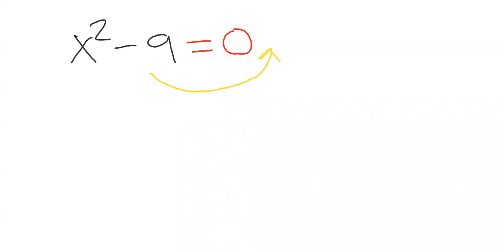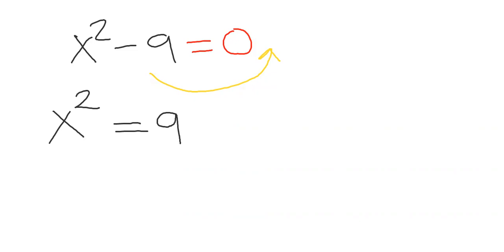And we know that mathematically, if you take a number to the other side of the equal sign, the sign changes. So which means our expression now is going to reduce to x squared equals 9. The negative 9 is now going to become positive.